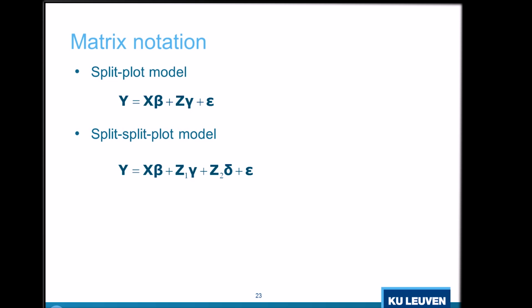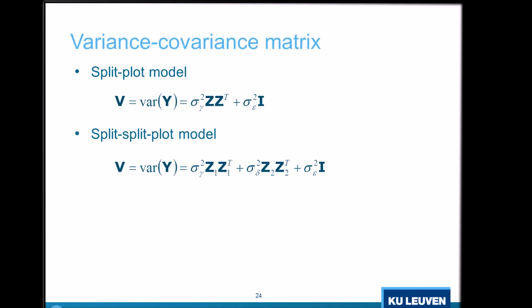Now for all the random effects, we made the usual assumptions, and as a result of that, we got the variance-covariance matrices on slide number 24. On slide number 24, you can see these formulas describing which observations are correlated with what other observations.